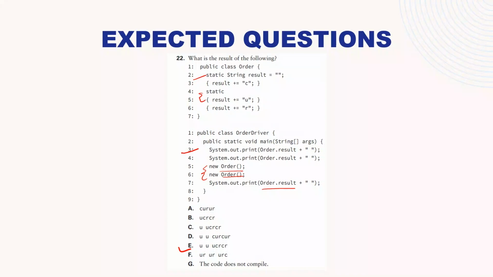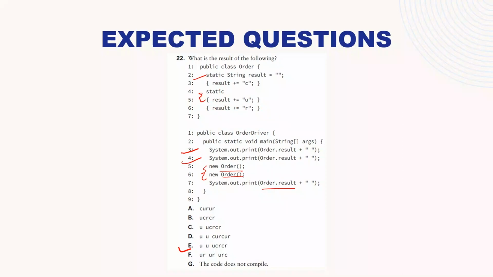Now on line number 4, result is the same because the static initialization is only run once. So when we say 3 and 4 over here, Order.result, we have U, and then Order.result, we have U only, because a static block only gets initialized once when the class gets initialized.